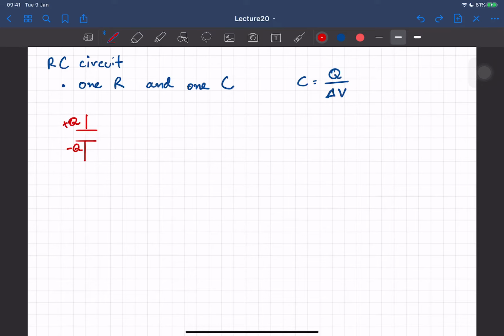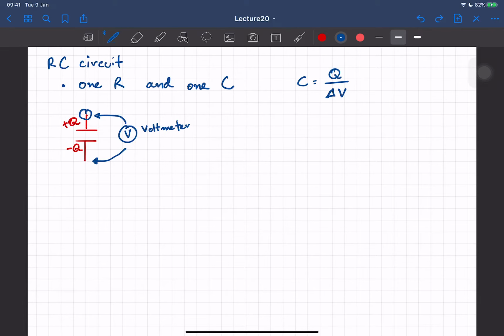And the voltage delta V here, the voltage difference, means that if you take a voltmeter and you measure the voltage across the capacitor like this, what you read in this voltmeter is the same way that we measure the voltage across a resistor or voltage across a battery. Right? It measures how much larger the potential at this point is than at this point.